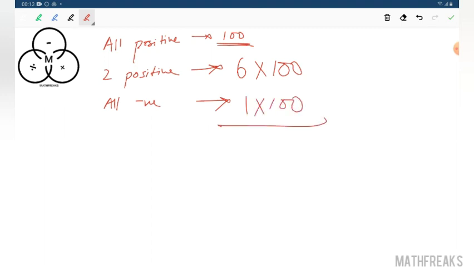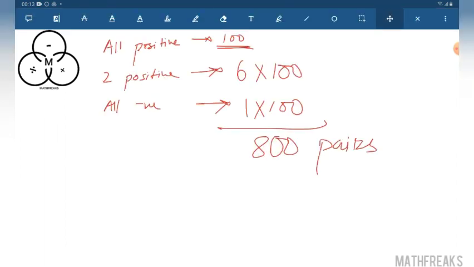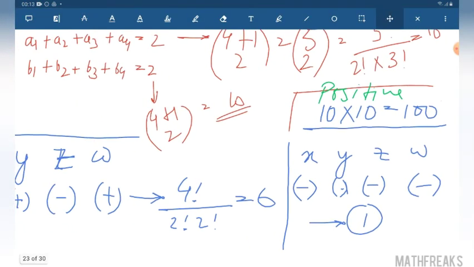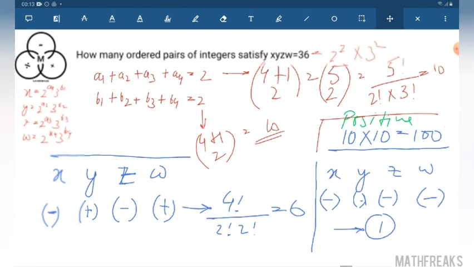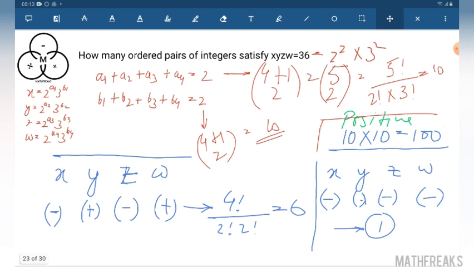Adding them we will get 100, 200, 600, 800 pairs. So this is tremendous. It doesn't seem like we can get so many different numbers of pairs, but it's happening.